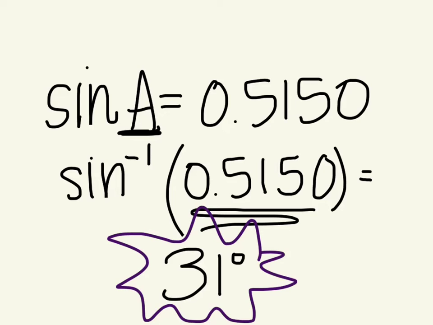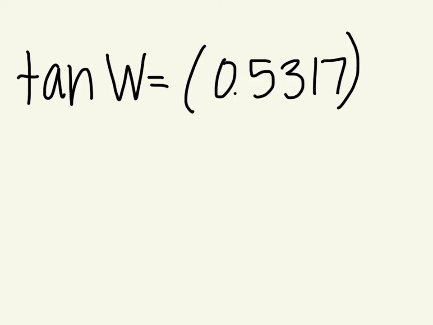Another example would look like this. If I'm trying to find the value of angle W and I'm given the sides that use the ratio for tangent, opposite over adjacent, that ratio would have given me this decimal value. I'm given some information, I'm just not seeing it as a triangle. So I want to figure out what angle measure gives me a ratio for tangent of 0.5317.